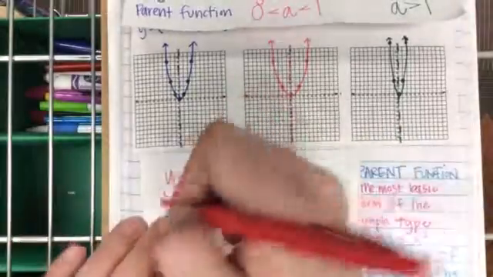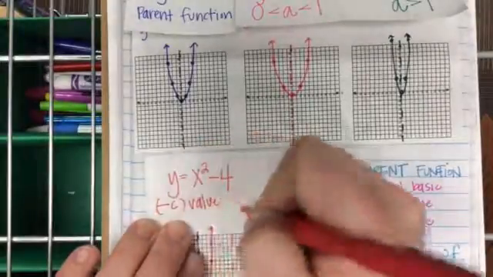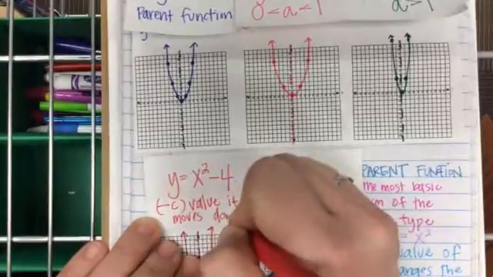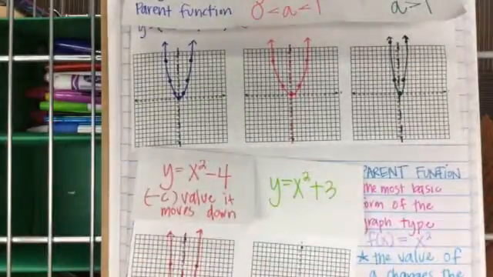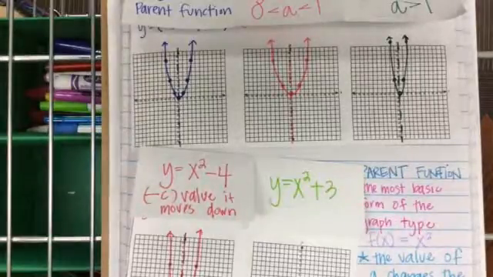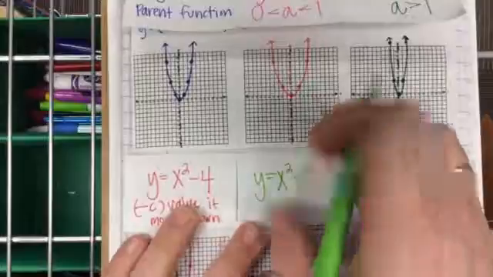If you have a negative C value, where does it go? It moves down. So where do you think this next one's going to go? Above. And why do you think it's going to go above, Dean? Because the C value is positive.